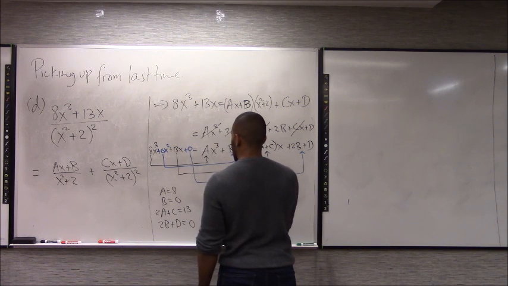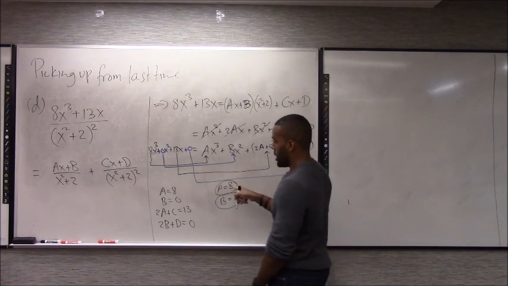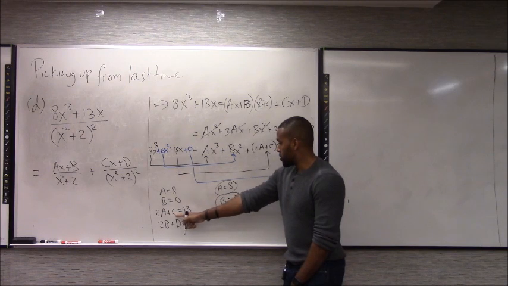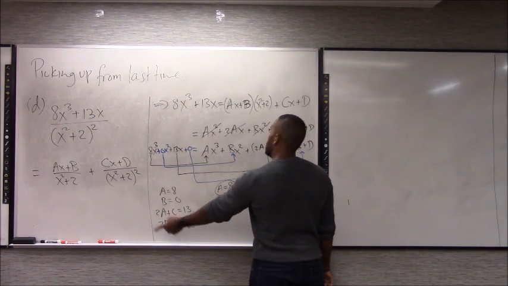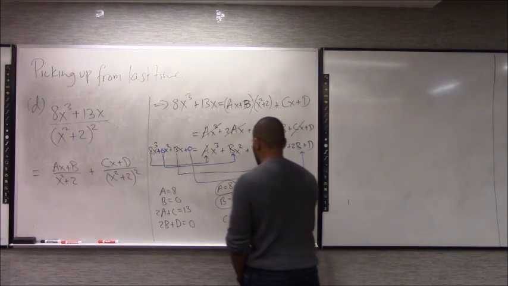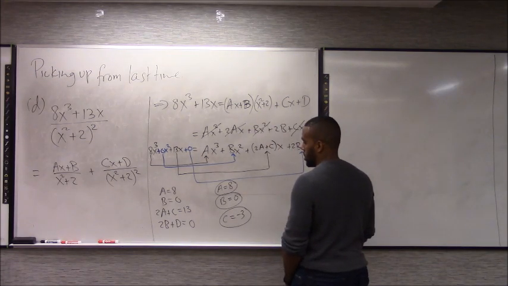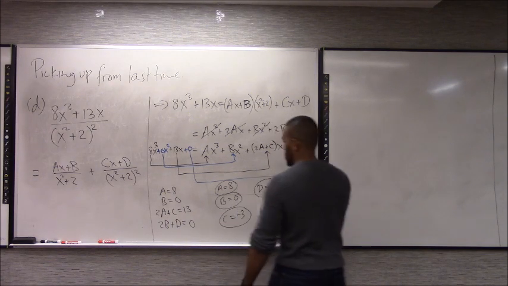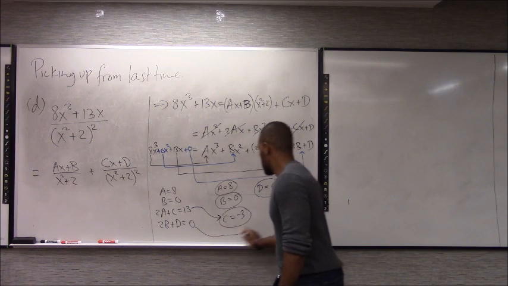B equals 0, got that for free. And because a equals 8, I can plug it into this one and solve for c. So if I plug in 8 here, that's 16. Move it over, I would get c equals 13 minus 16, which is minus 3. And since b is 0, I would plug that in here. I would also get that d is 0.